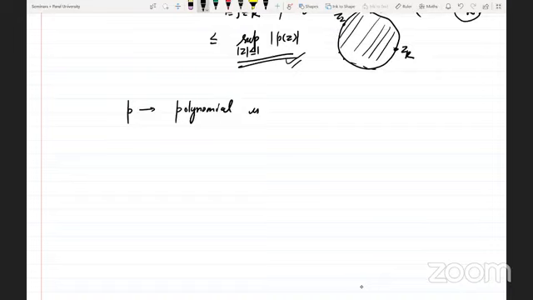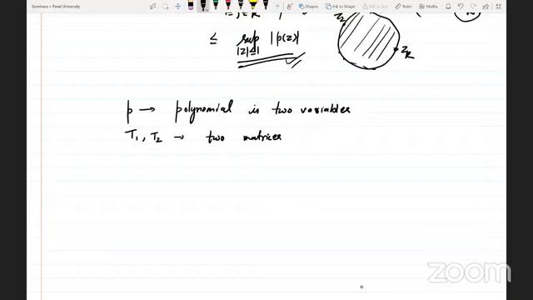So P is a polynomial in two variables. Now, since you have two variables, Z1 and Z2, if you want to plug in operators or matrices, you need two matrices. So T1, T2 are two matrices. But you cannot just start with any two matrices, because in polynomials, Z1 Z2 is the same as Z2 Z1, right? That identification is there.